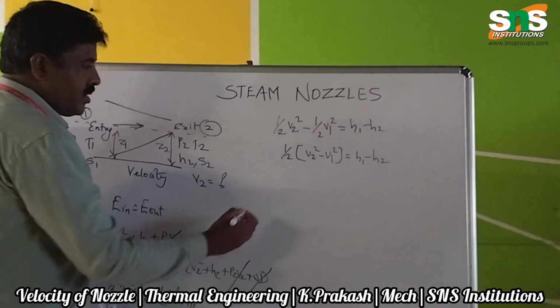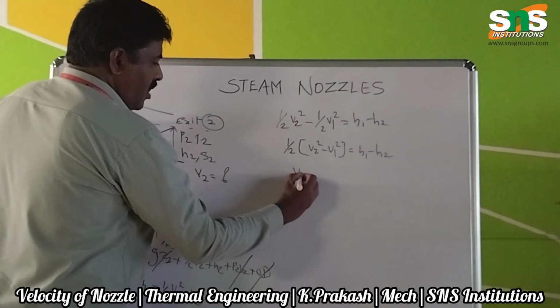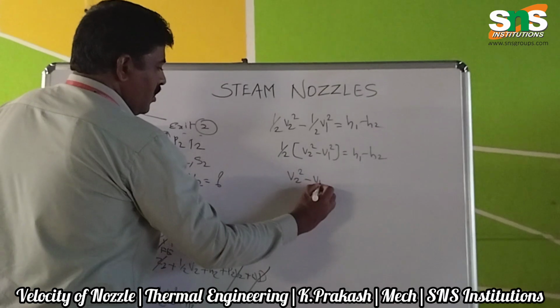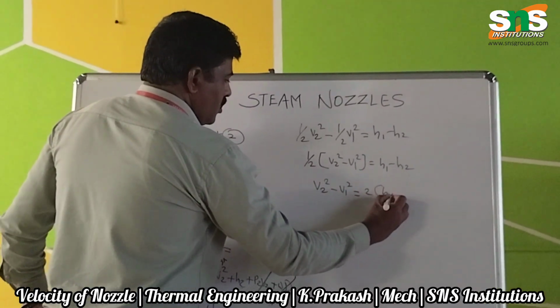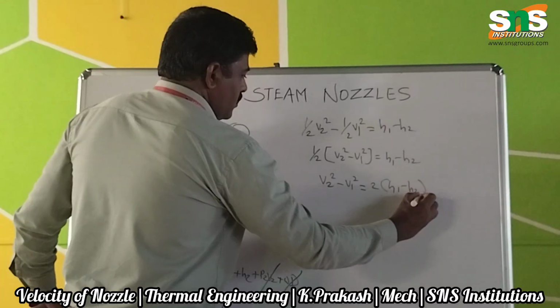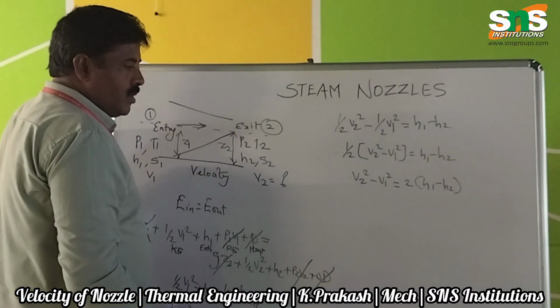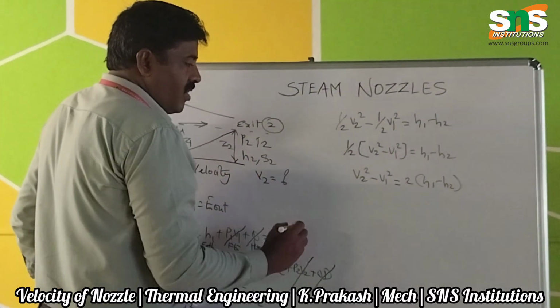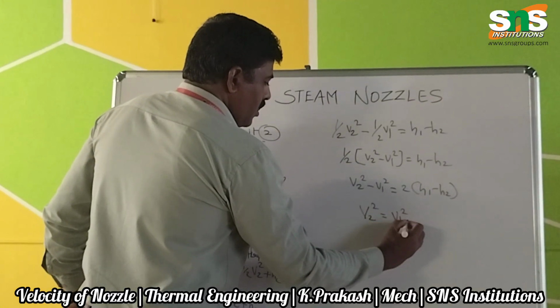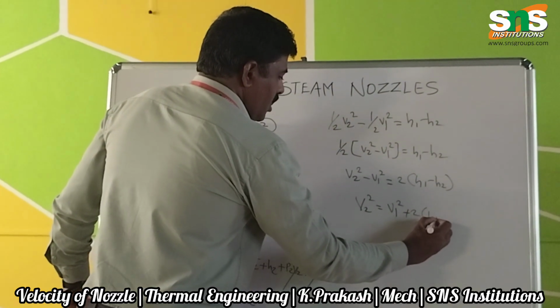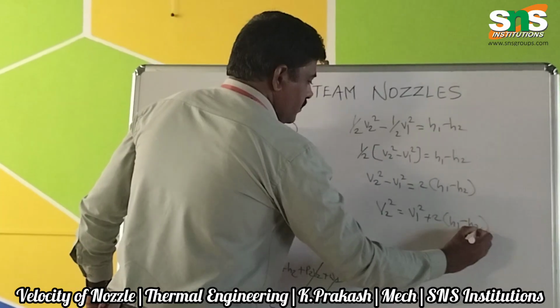Now 2 is multiplied here. Therefore V2 square minus V1 square is equal to 2 into H1 minus H2. Now we need the exit velocity, therefore V2 square is equal to V1 square plus 2 into H1 minus H2.